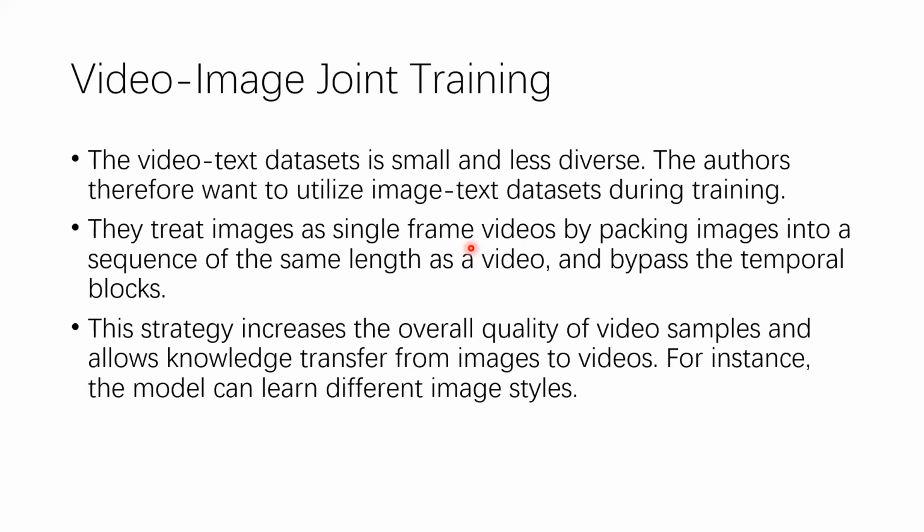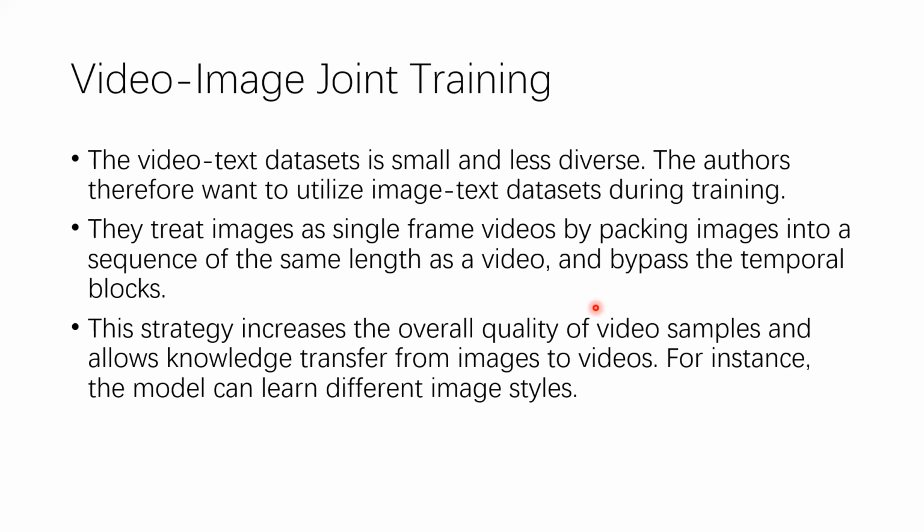No, it's just the same image copied, like a paste, the same image. So when you look at it, it's just an image. You can see that it actually bypasses all the temporal blocks. But when we generate, we can generate a sequence of the same lines, but with images slightly different from each other.